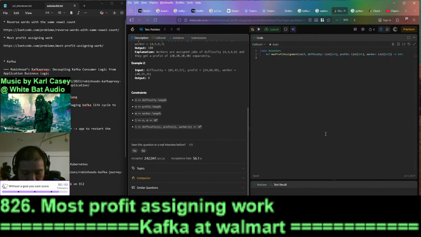Okay, so if we sort the difficulty, we also have to sort the profit. Basically, instead of this, we want to map difficulty to profit, right?